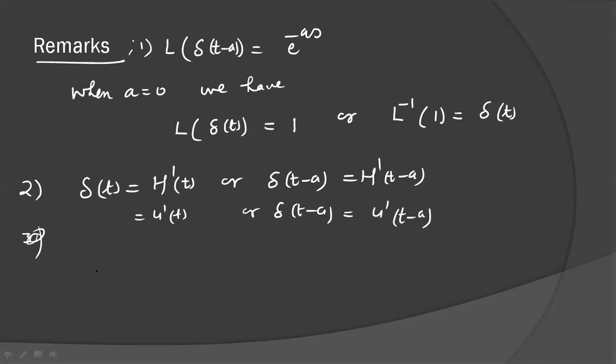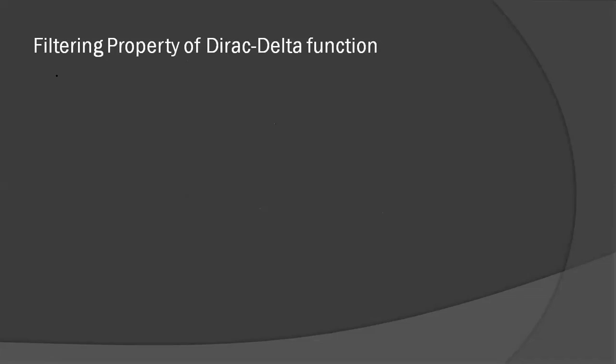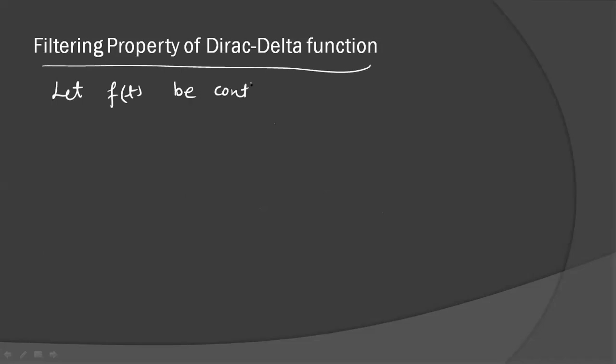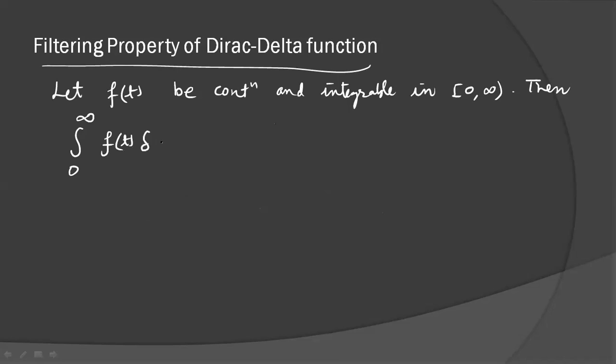Now we have one more important property, the filtering property of the Dirac-Delta. Let f(t) be continuous and integrable in the closed interval 0 to infinity open, then the integral from 0 to infinity of any function multiplied with the Dirac delta function delta(t minus a) dt will give you f(a).